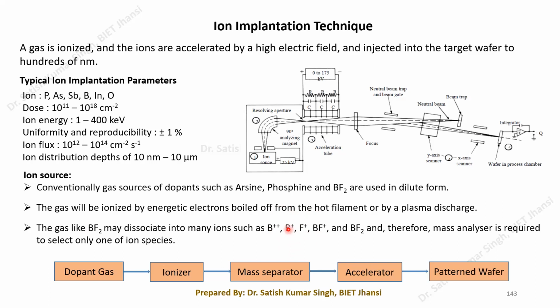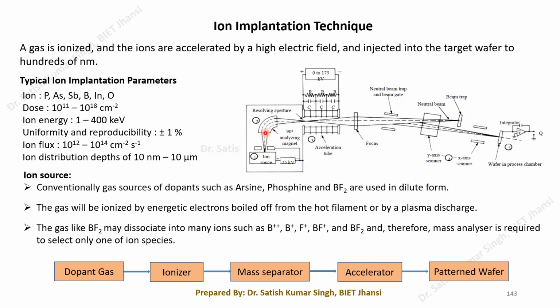So to separate out a certain particular ion, we need a magnetic analyzing magnet, whose function is to turn the path of your ion beams based on their charge and mass.